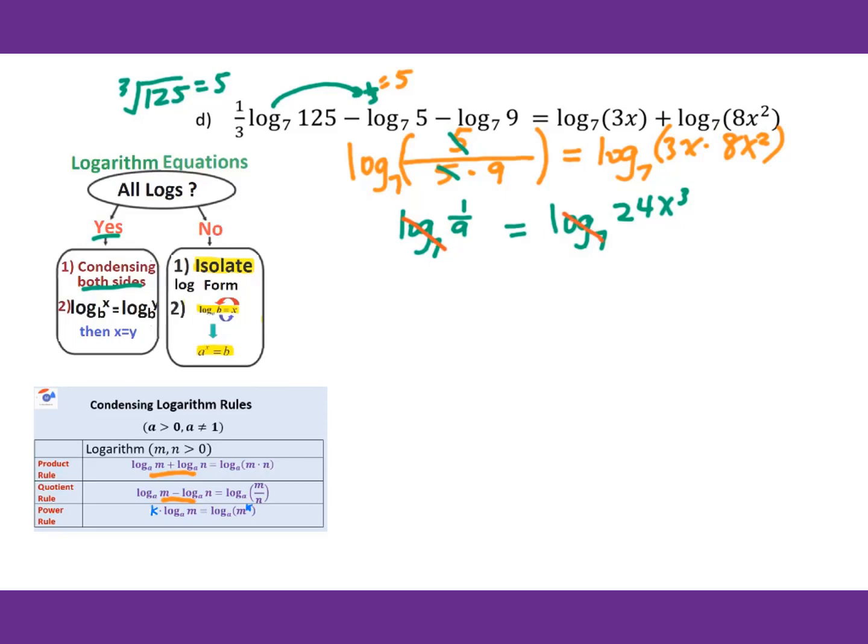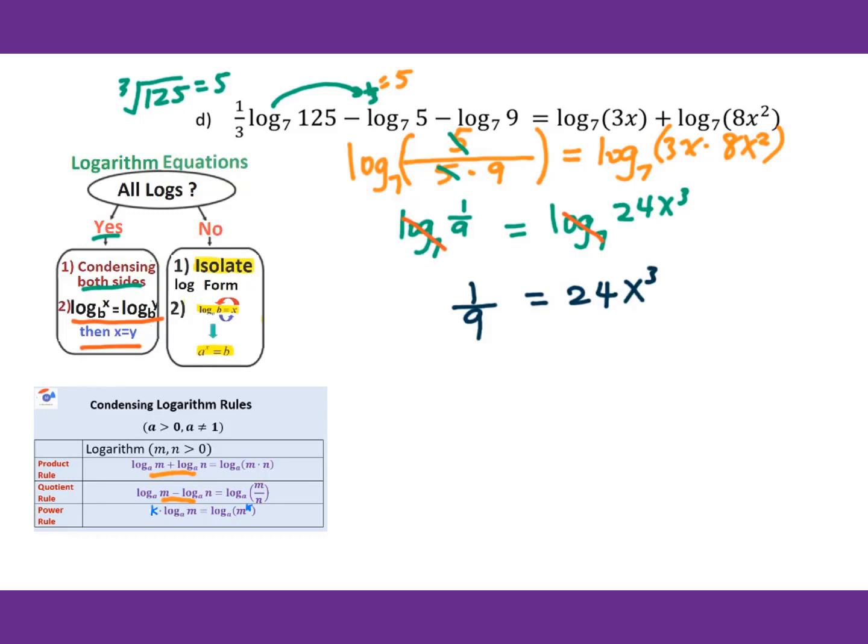Then we make the arguments equal to each other because of this formula. Therefore, we get 1 over 9 equals 24x to the third power.